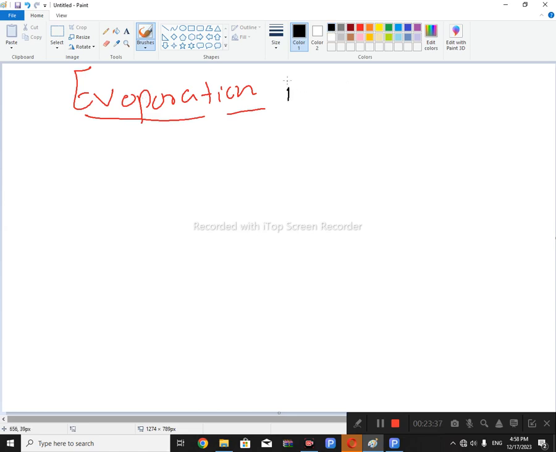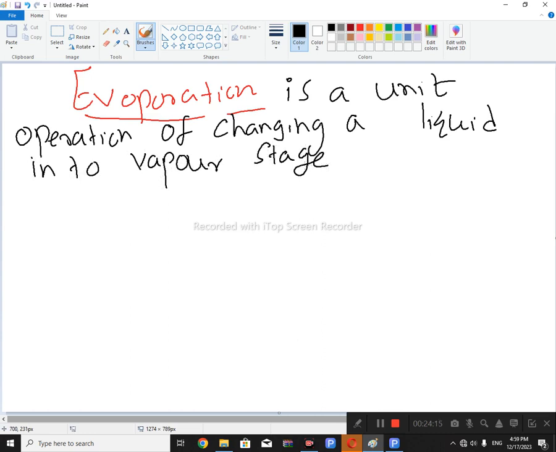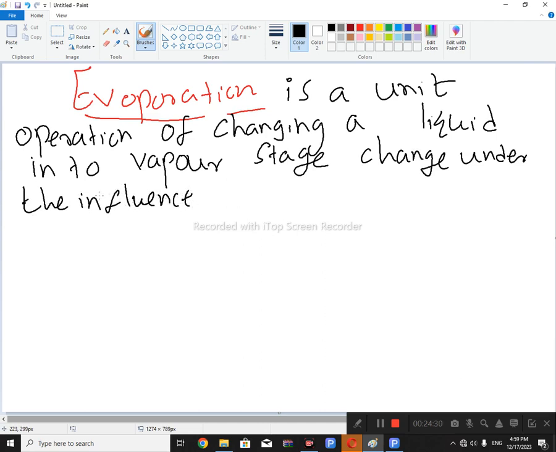Evaporation is a unit operation of changing a liquid into vapor stage, a phase change under the influence of heat.